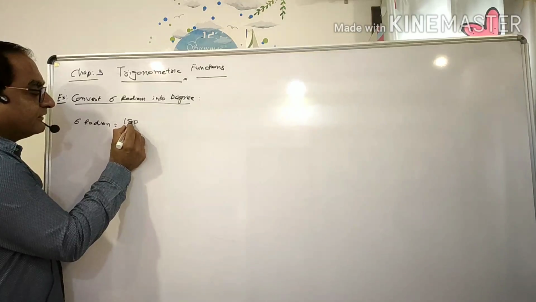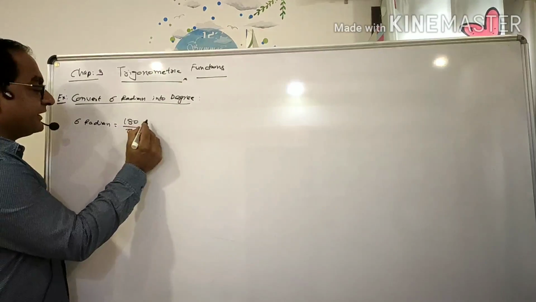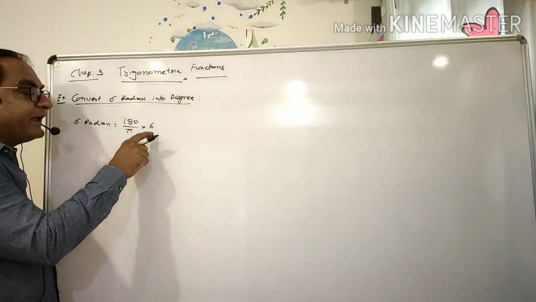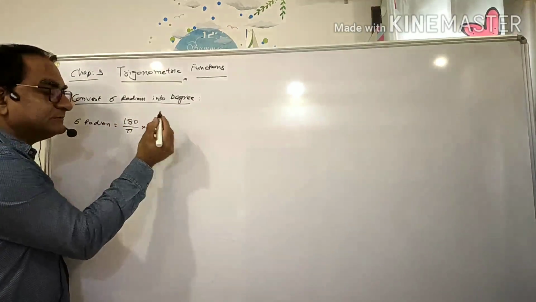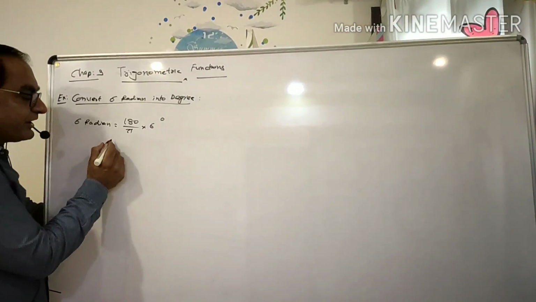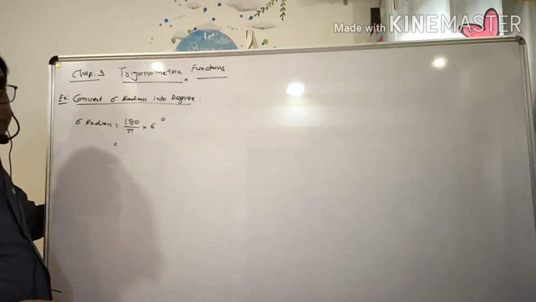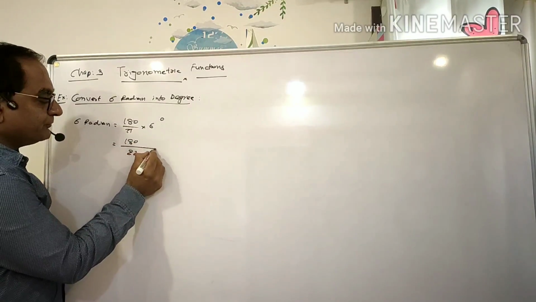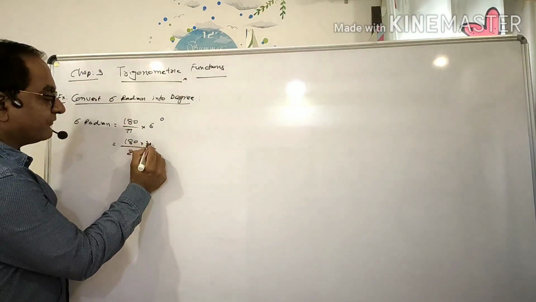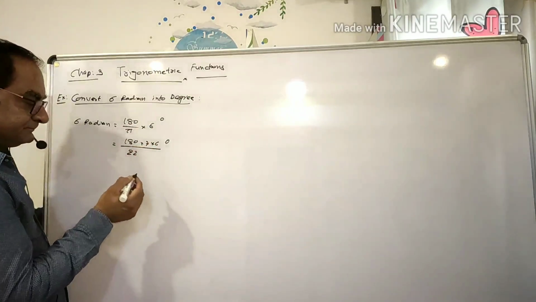So here 180 by pi into 6. As soon as I multiply this number 6 with 180 by pi, it will become degrees. Yes, we can use 22 by 7 for pi. So it is 180 into 7 by 22 into 6 degrees.